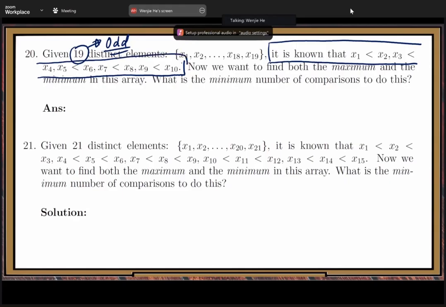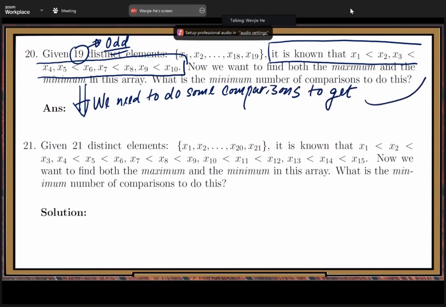If you look at that old solution, we need to do some comparisons to get information of the given condition, right? But here, the condition is given.